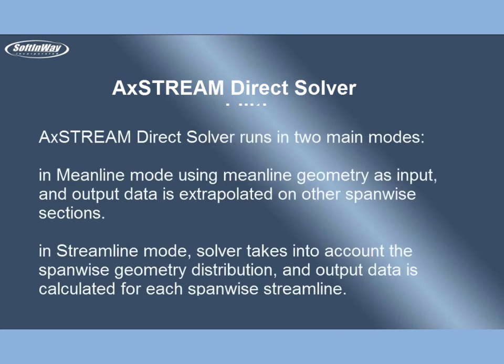AxSTREAM Direct Solver runs in 2 main modes. In mainline mode, using mainline geometry as input, output data is extrapolated to other span-wise sections. In streamline mode, the solver takes into account the span-wise geometry distribution and output data is calculated for each span-wise streamline.